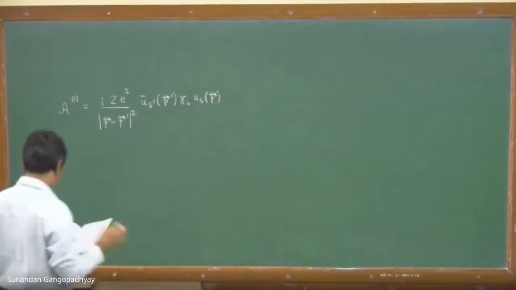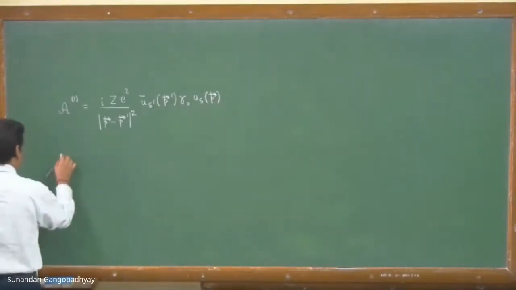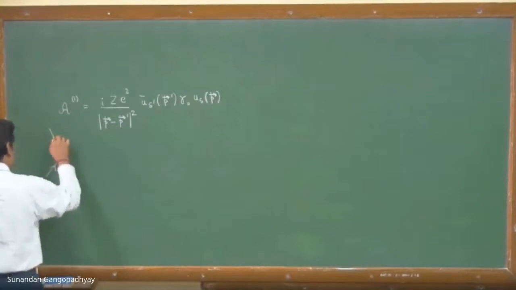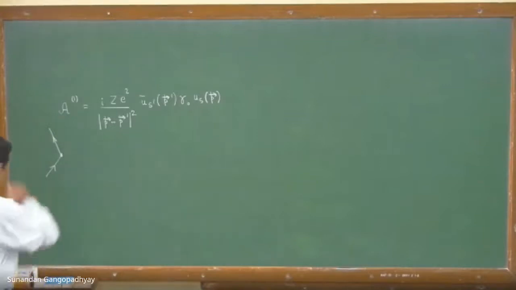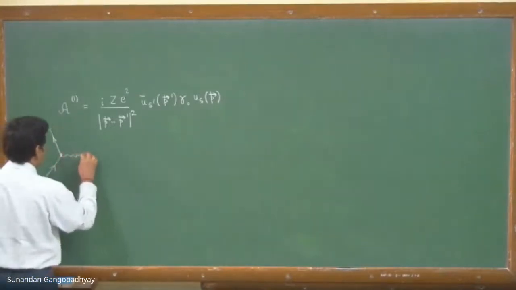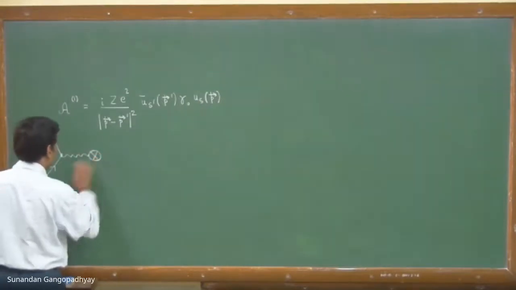This was the scattering amplitude for the electron scattered with the classical electromagnetic potential that it sees from a positively charged nucleus.